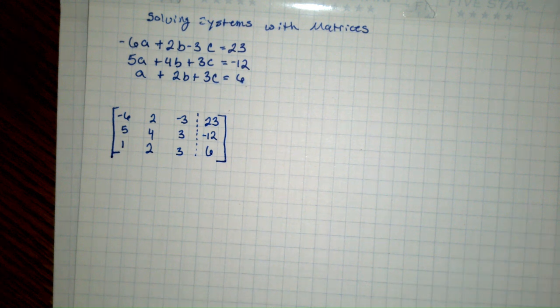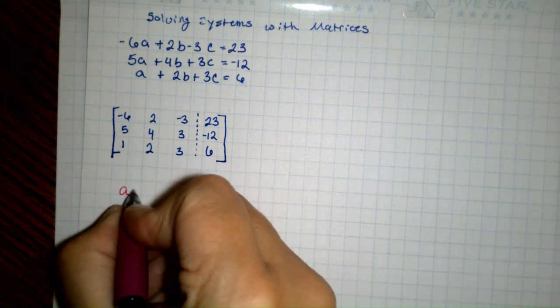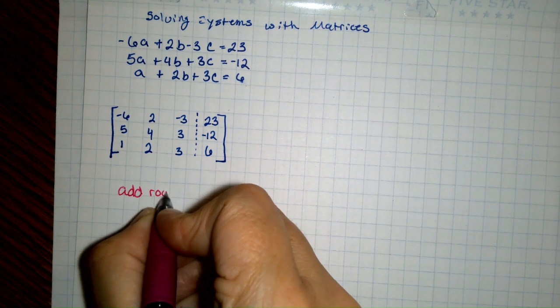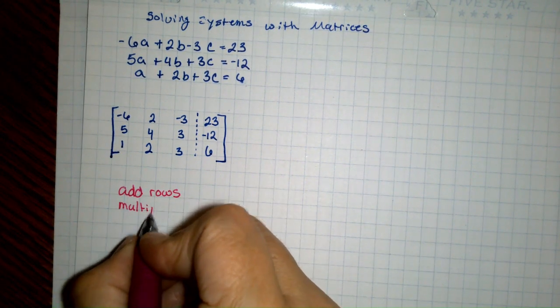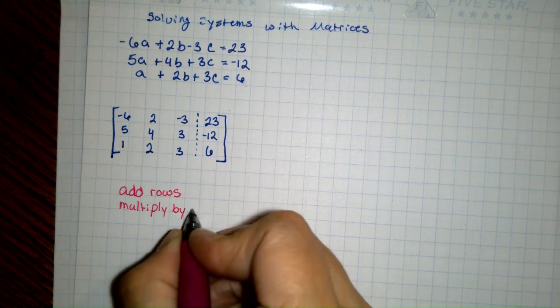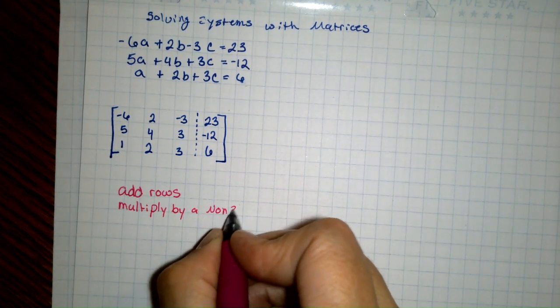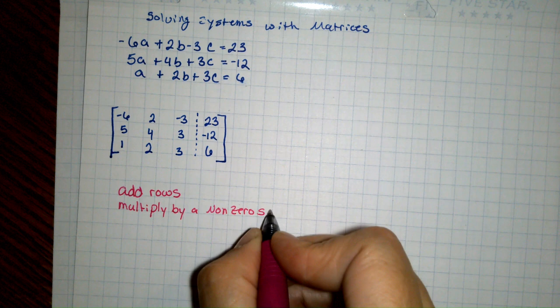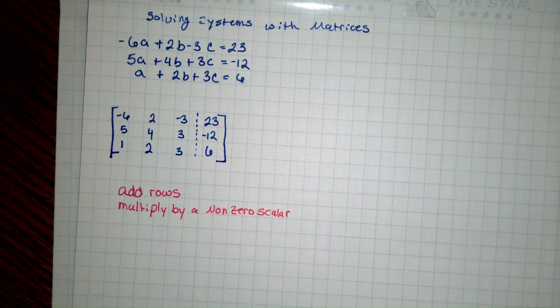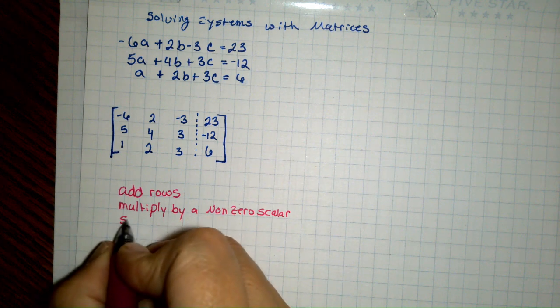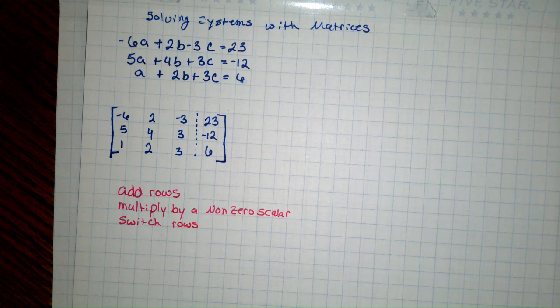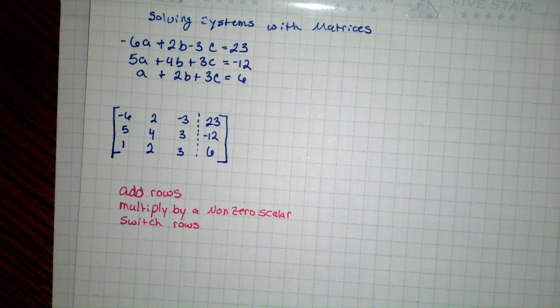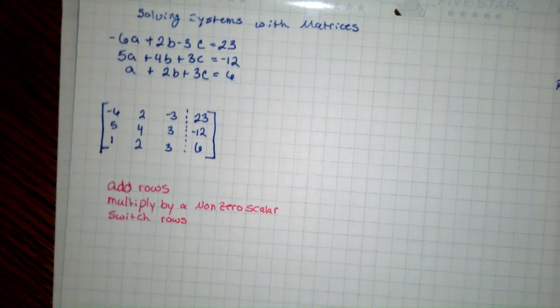You can add rows, multiply by a non-zero scalar, or switch rows if you really wanted to. Or you can do some combination of both.